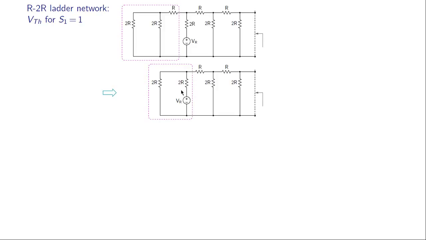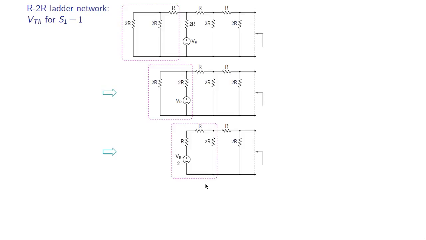And now we can replace this network with its Thevenin equivalent, and we have done that in the last slide. So we are going to get RTH equal to R and VTH equal to half of this voltage. Let us continue.